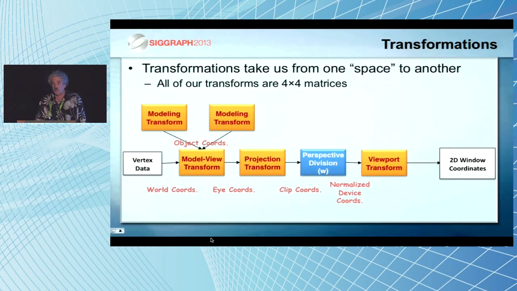Finally, we have to do something, and the clip coordinate space is normalized. So that's going to be normalized essentially to a cube that's centered at the origin with sides going from 1, 1, 1 diagonally down to -1, -1, -1, okay?